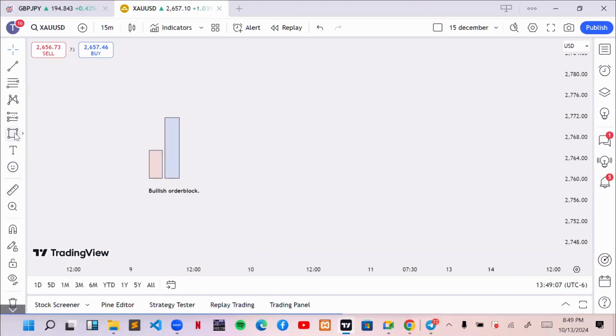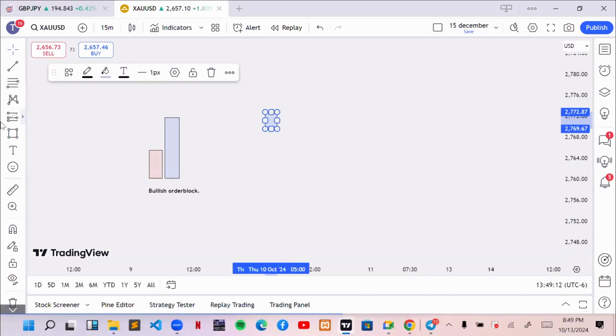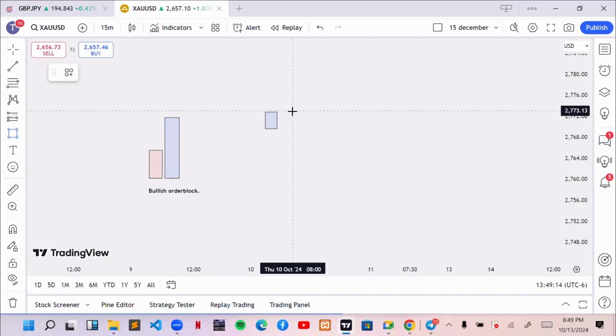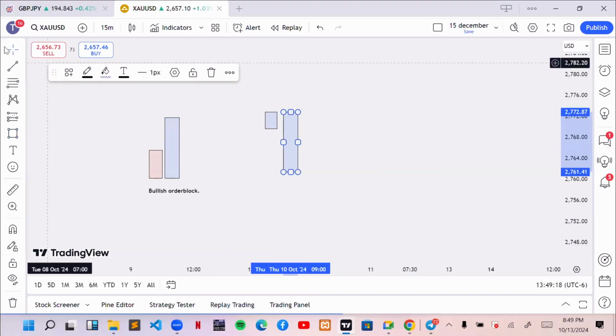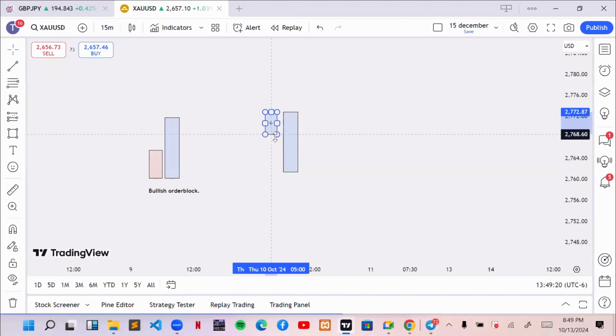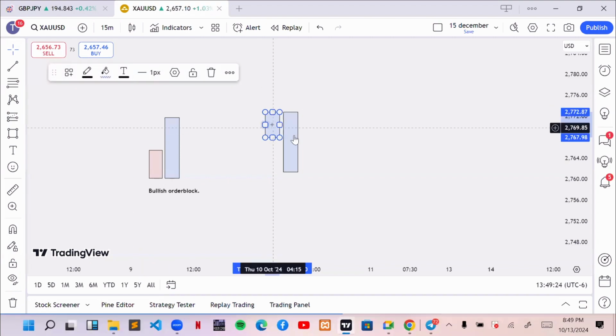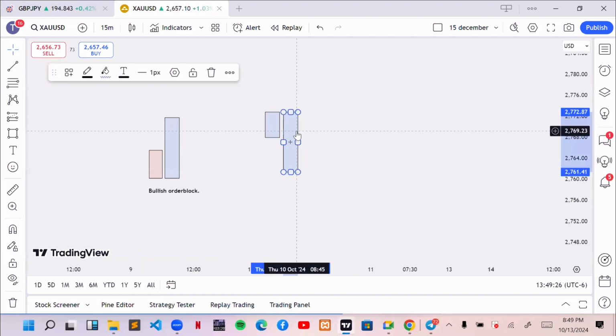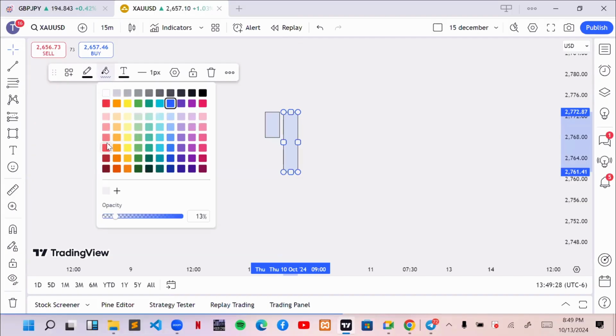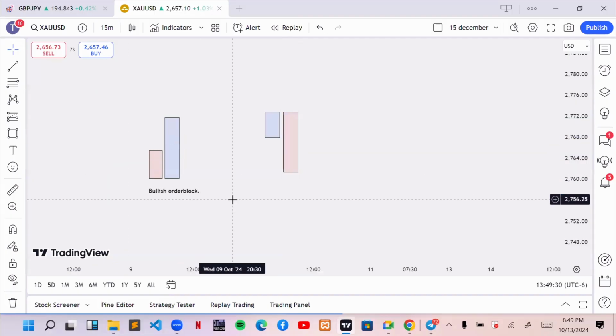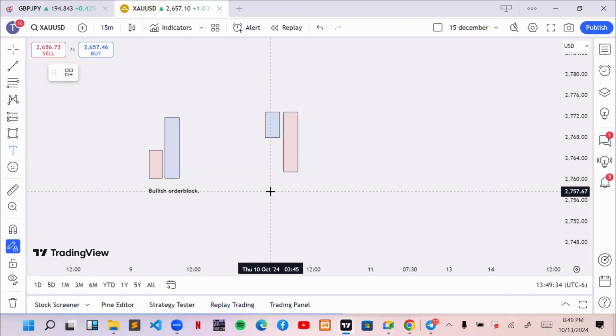And for a bearish order block, you see a bullish candle, then you see a bearish candle engulf it, like this. So this is a bearish order block. So, bullish order block and then bearish order block.